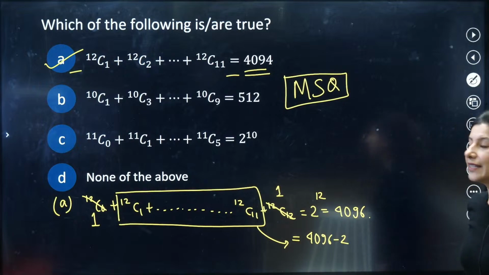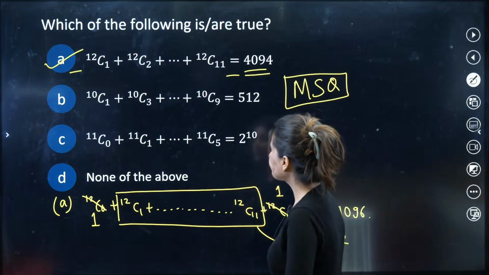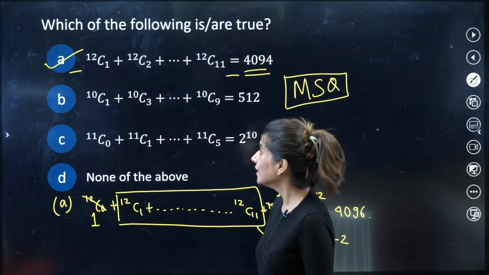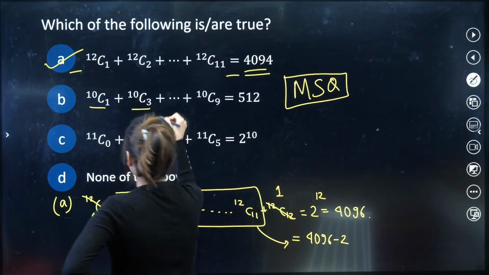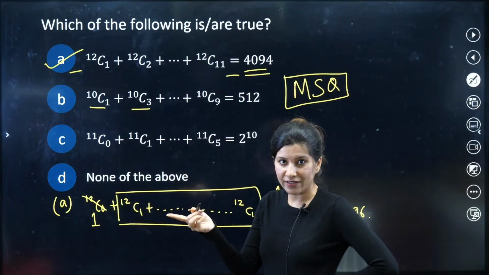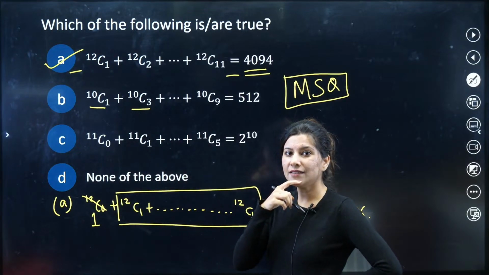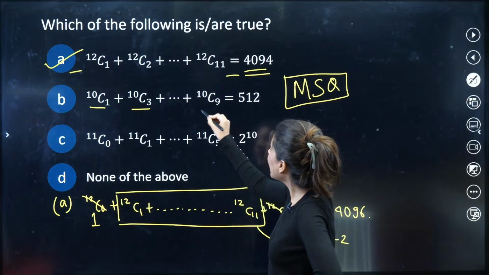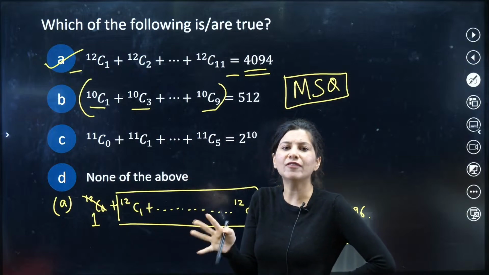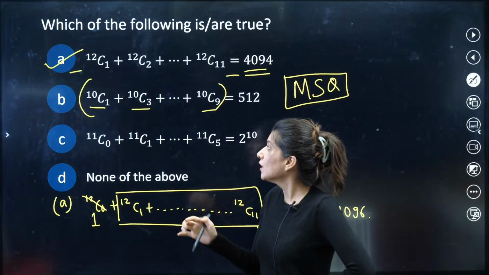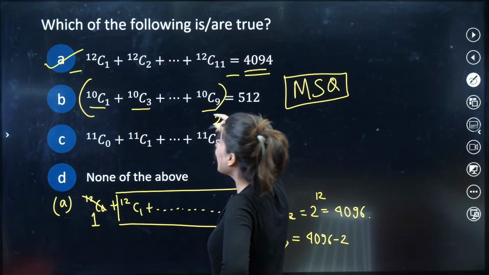Now let us check for B. If I observe, this is 10C1, 10C3, 10C5, 10C7 and 10C9. That means all the odd terms are there. After 10C9 there will be no term left out. So this is going to be 2 raised to power n minus 1.